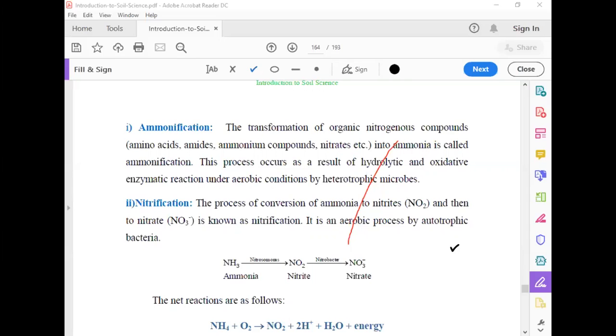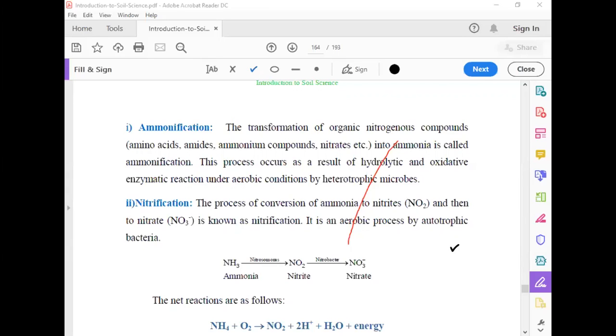The number two process for decomposition of soluble substances is nitrification. This is the most important reaction or process which converts ammonia into nitrites and then to nitrate.